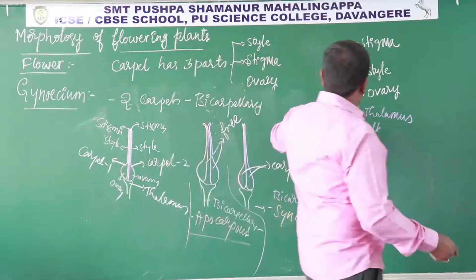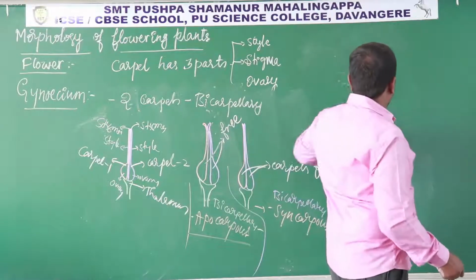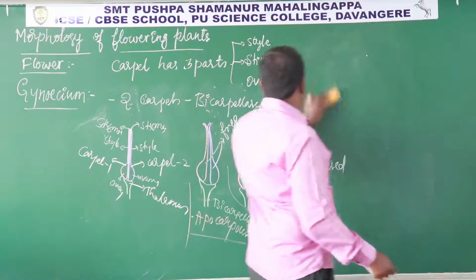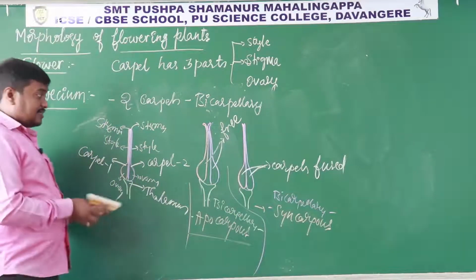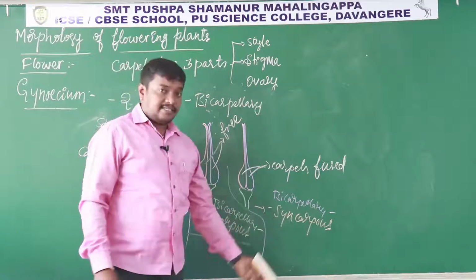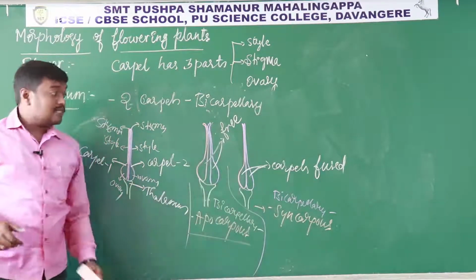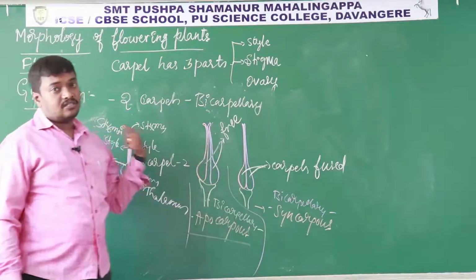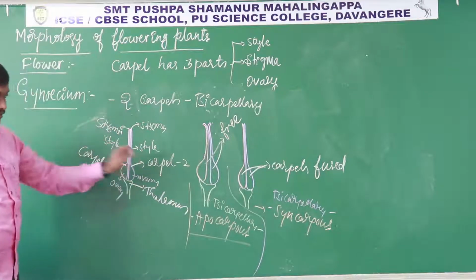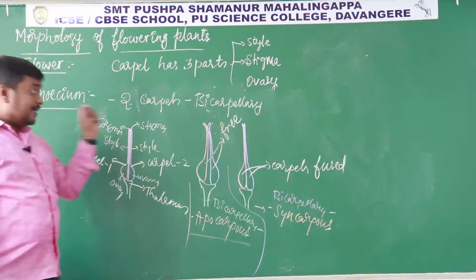Okay, so many plants have this kind of arrangement with respect to carpels, and not only this condition. So tricarpellary syncarpus, tricarpellary apocarpus, multicarpellary syncarpus, multicarpellary apocarpus conditions are also there. So you are going to study the multicarpellary condition in second year.